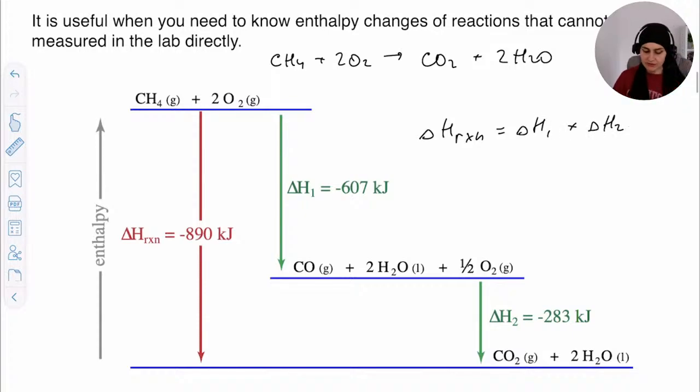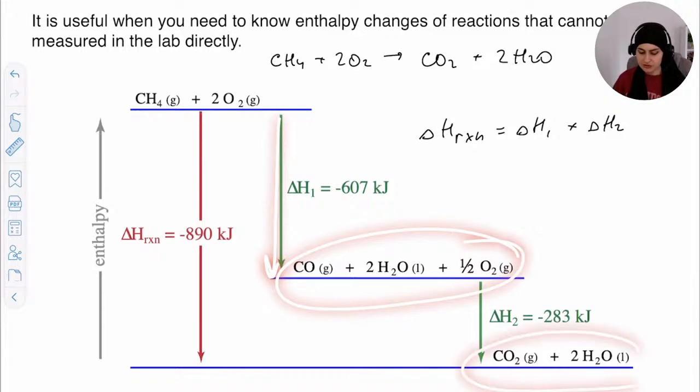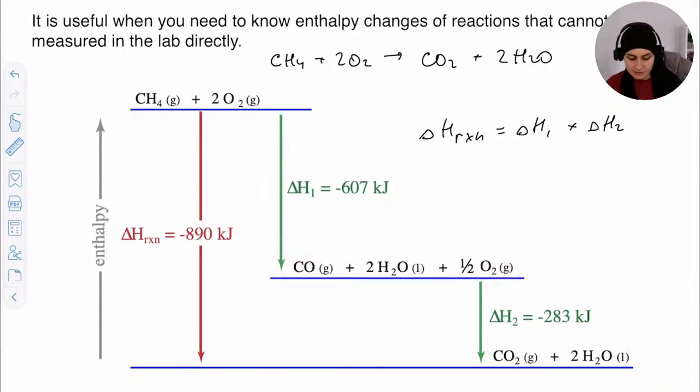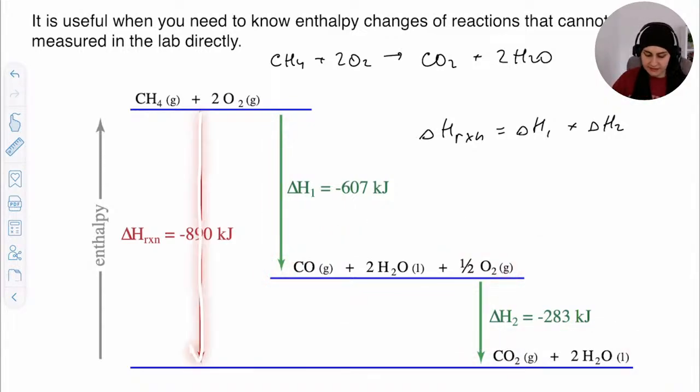It doesn't really matter whether CH4 and O2 directly turned into CO2 and H2O, or whether they first turned into some intermediates and then those intermediates turned into the final product. So Hess's law says that the final enthalpy change of reaction equals the sum of all the intermediate reactions. And if you add them up, let's see if that holds true.